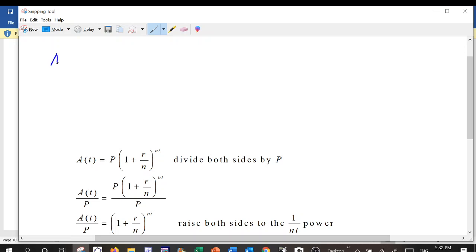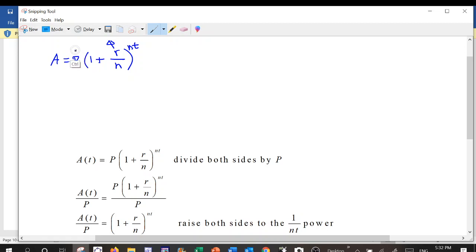So let's write it this way: A equals P times (1 plus r over n) to the nt. We want to get this r out of here and put it on one side by itself. So you have to get rid of all the stuff around it and below it, right?